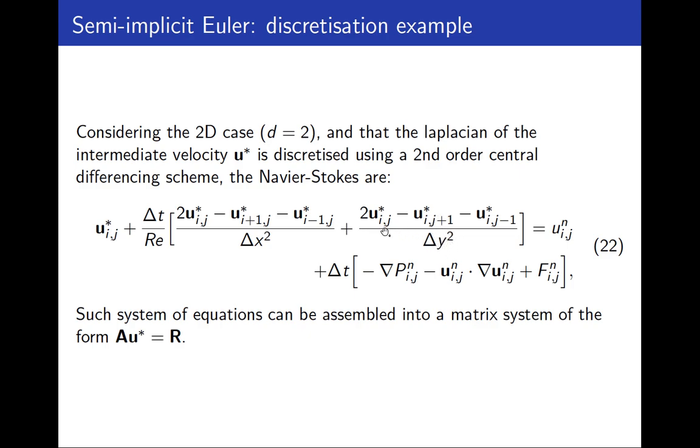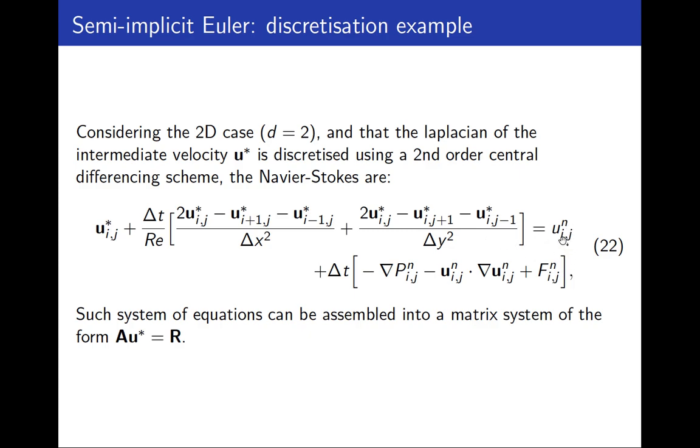That means that we need the value of the velocity where we are solving the Navier-Stokes equations. Then we also need to consider the value of the velocity at the top cell, the cell above, and then the velocity value at the cell at the bottom, the cell below, to estimate the Laplacian in the y direction.